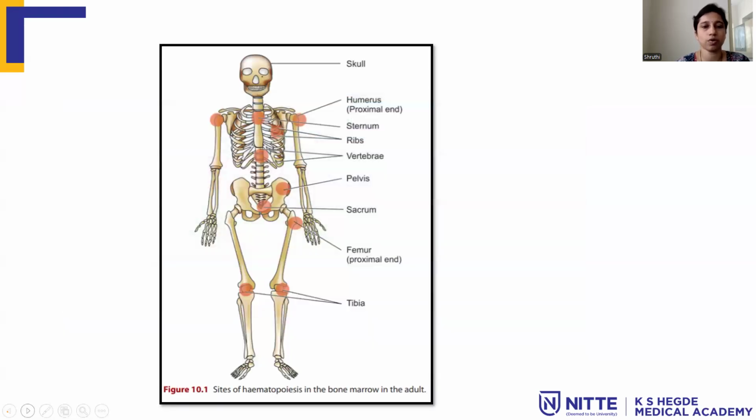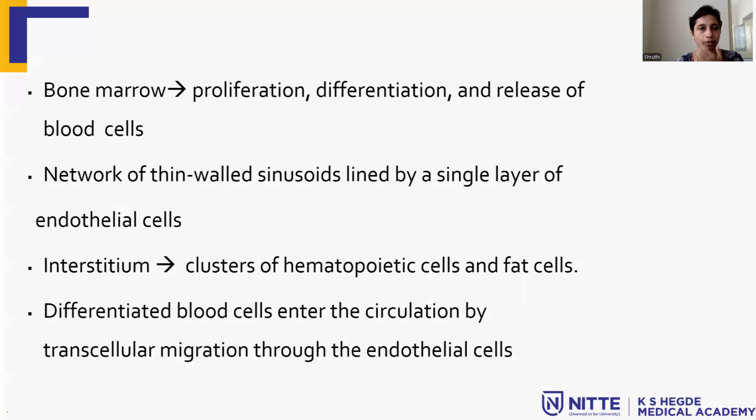So these are the sites of hematopoiesis in adults. It is mainly in the central skeleton like skull, ribs, sacrum, pelvis, and the ends of the long bones like tibia, femur, and humerus. Sternum is also a site of hematopoiesis in the marrow.